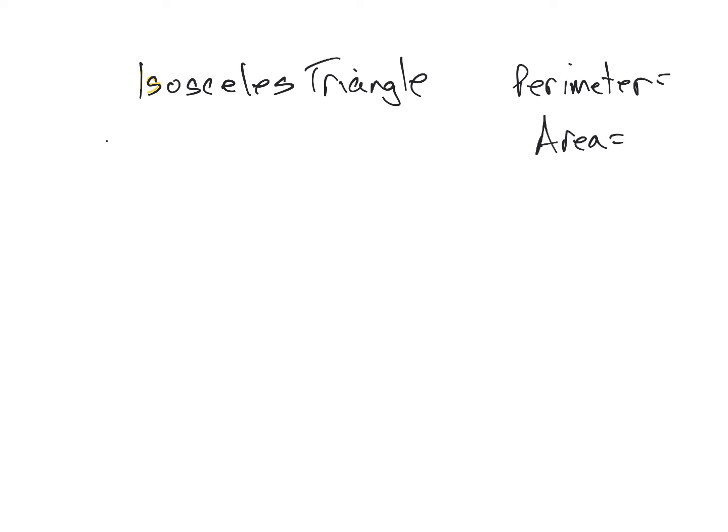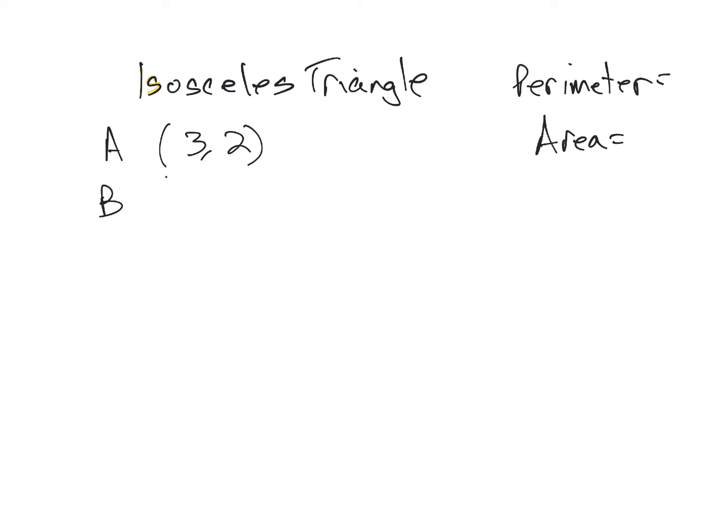Isosceles triangle. I want the perimeter and I want the area. Point A is at 3, 2.